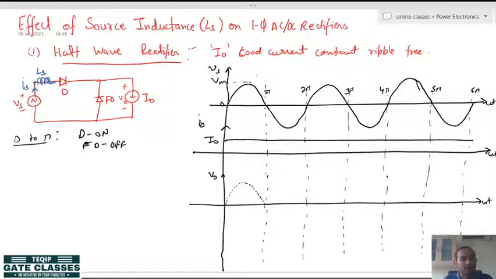Now we also have to draw the source current here.